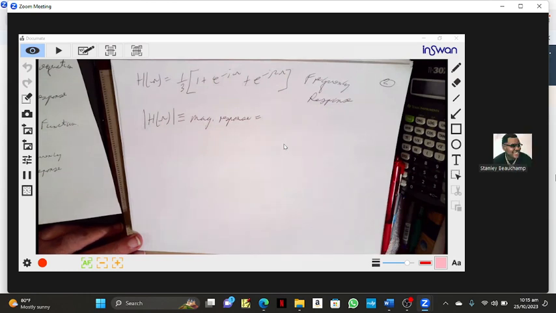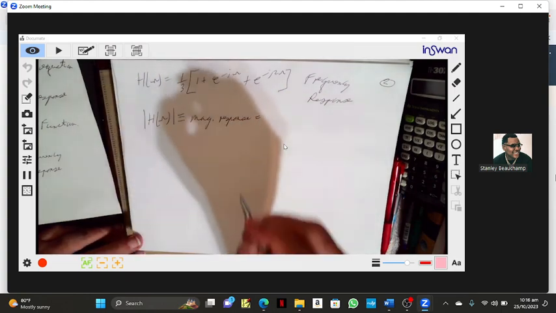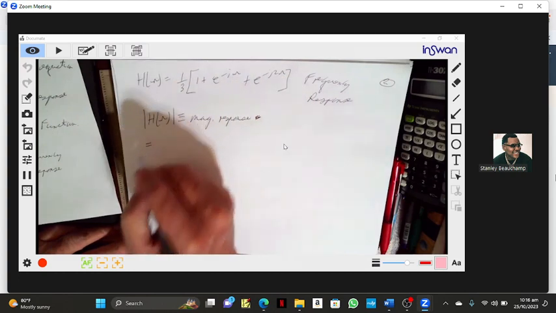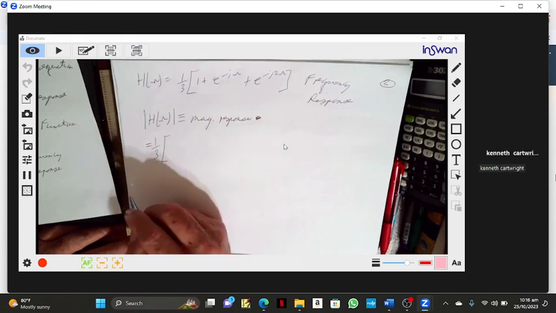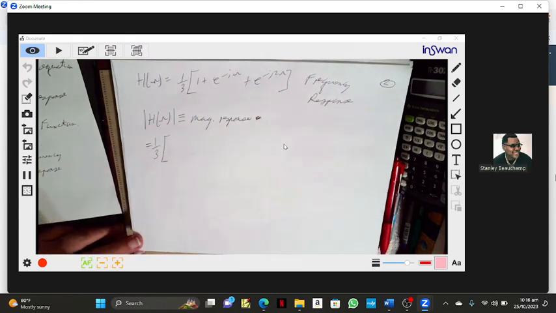I know we have to convert the e to the power negative j omega. I think that'll be negative cosine. No. So it'll be cosine, probably cosine minus j sine.